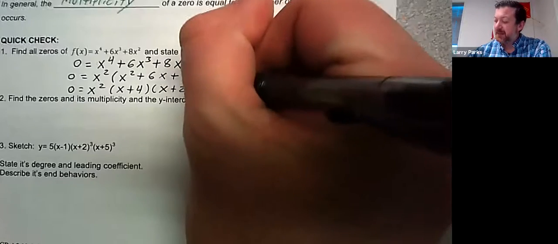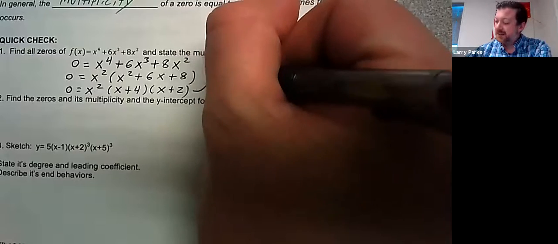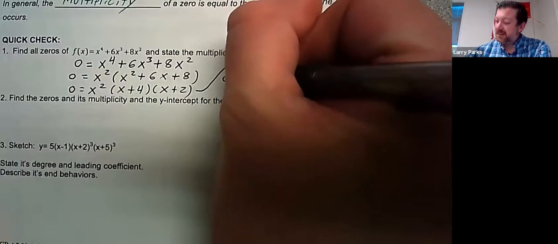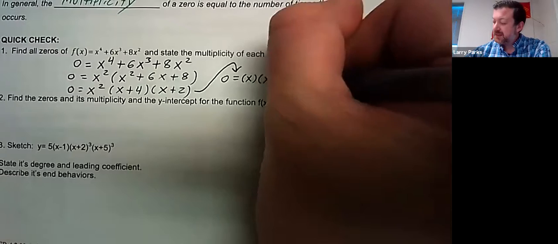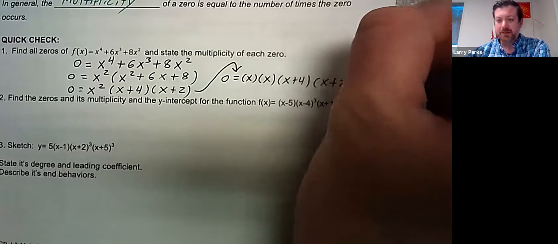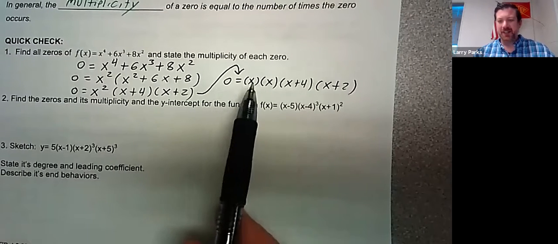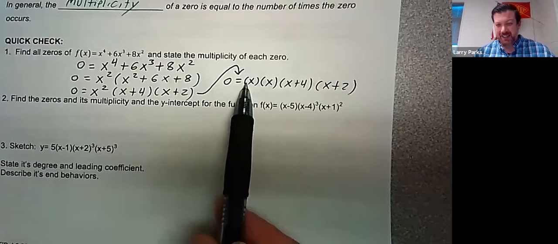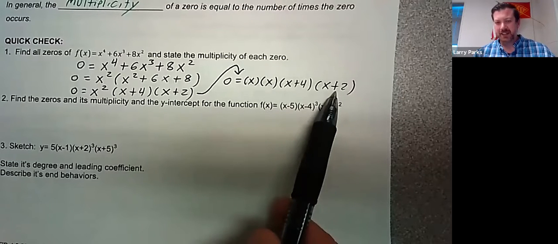This is the same thing as x times x times x plus 4 times x plus 2, because the x occurs twice. So when I set this equal to 0, I'd get x is 0, x is 0, x is negative 4, x is negative 2.